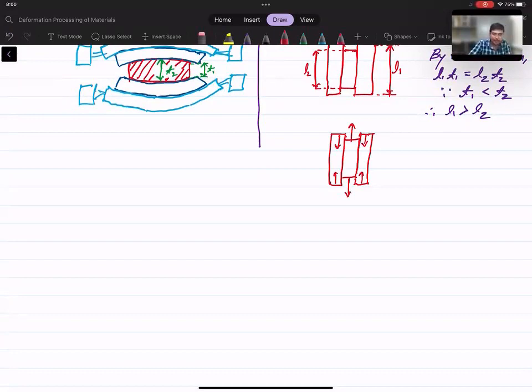As a result, the central portion of the material will try to be stretched out, compressing the edge sides of the particular strip or sheet or component which is being worked upon.